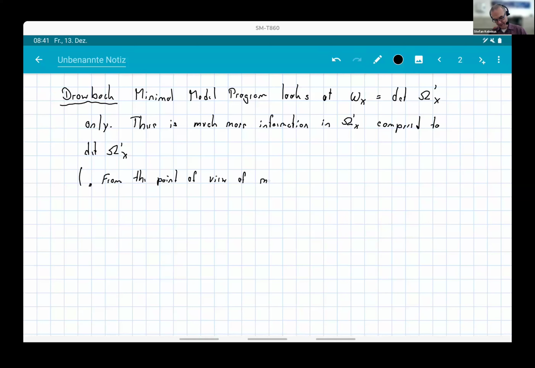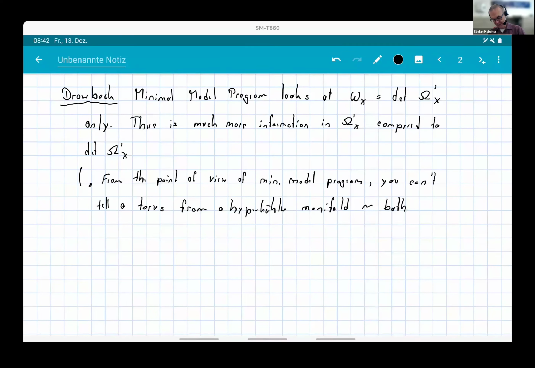So maybe as a slogan, from the point of view of minimal model theory, of the minimal model program, you can't tell a torus from a hyperkähler manifold, because both have trivial canonical class.